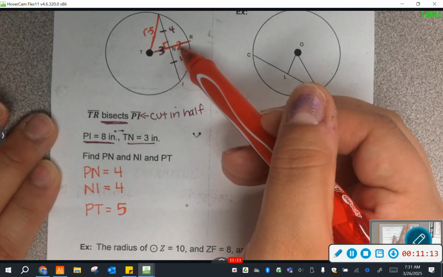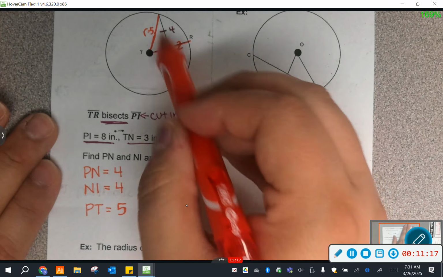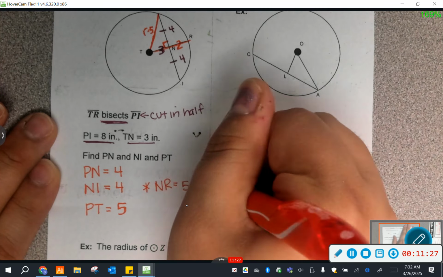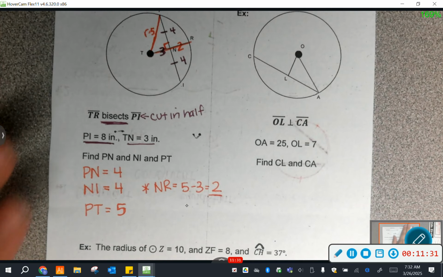No, we don't know that. That is not bisected, only this is bisected. So let's add that in as extra. We're going to say NR equals 5 minus 3, which is 2. Just add that little extra piece there.